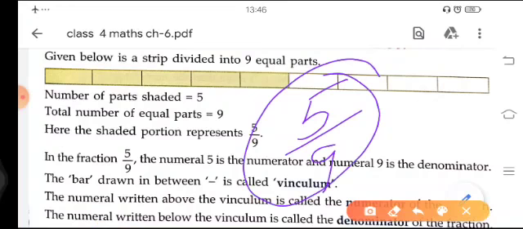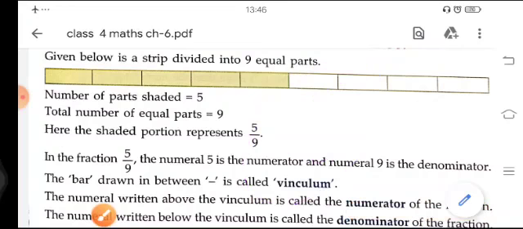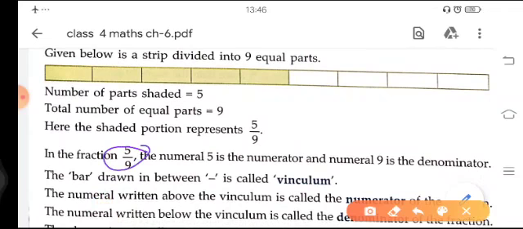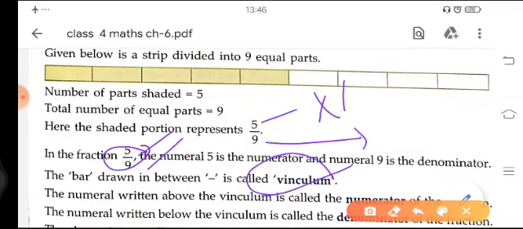So they are known as fractions. Okay, if you see this fraction, here a bar is given. This line is known as a bar. In mathematical terms, that is known as a vinculum. Okay, this vinculum divides this fraction into two parts. The upper part is known as the numerator and the bottom part is known as the denominator, right?